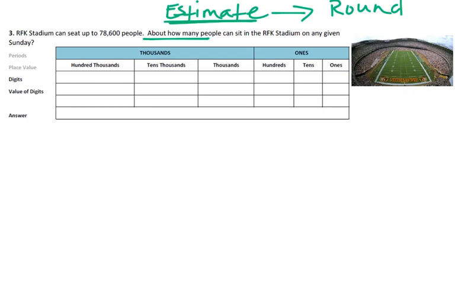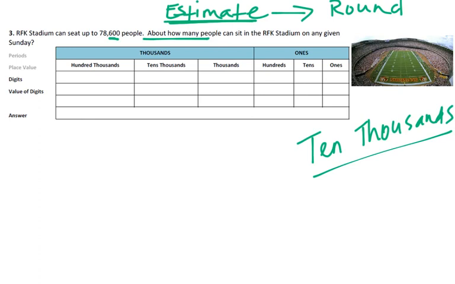I can round to the thousandths place. I can round to the hundredths place. But look, it looks like our number is already rounded to the hundredths place. So in this instance, we're going to just round to the 10,000ths place. Okay? They don't tell us exactly where they want us to round, but we're going to round to the 10,000ths place.